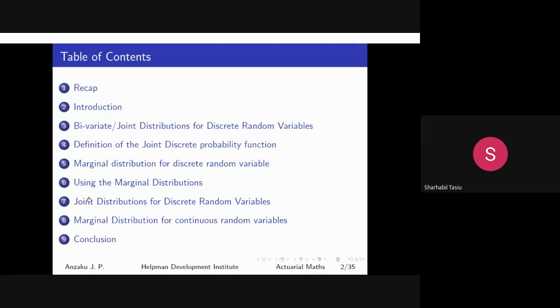And then we'll look at the joint distributions for continuous random variables, and then the marginal distribution for continuous random variables. Then we'll look at conclusion. In all this, we'll also be seeing one or two examples that will help buttress the point we're trying to make as it regards today's topic.